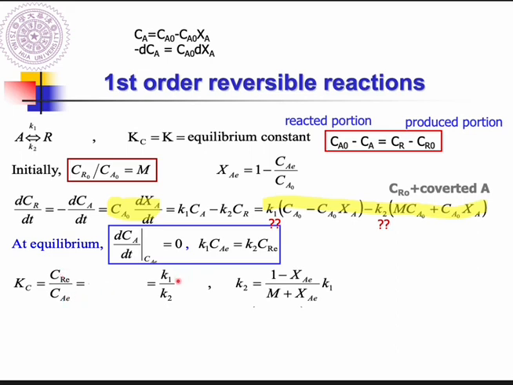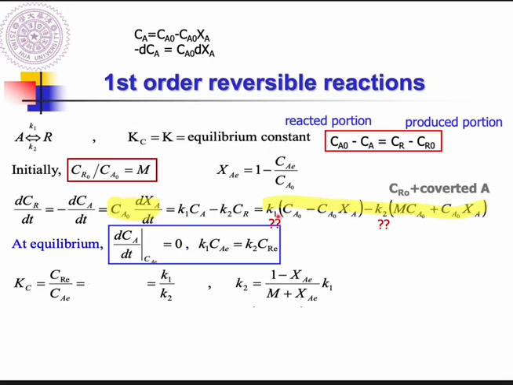But we still don't know the relationship between K1 and K2 even though we write this down. So back to here, when it reaches equilibrium, the concentration of reactant A remains constant. Under this situation, dXA over dt equals 0. So this equation for sure equals 0.